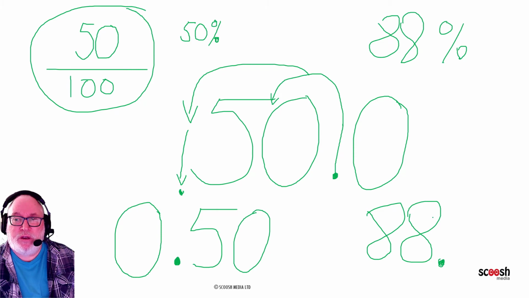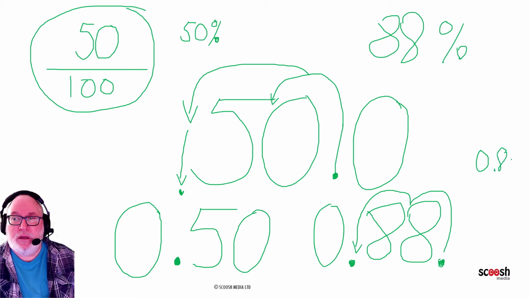We don't usually see it because it's a whole number, but we move it 2 places. So 1, 2, and it would go there. So it's 0.88, and that's what we write, 0.88. Ooh, the fancy 8s, eh?